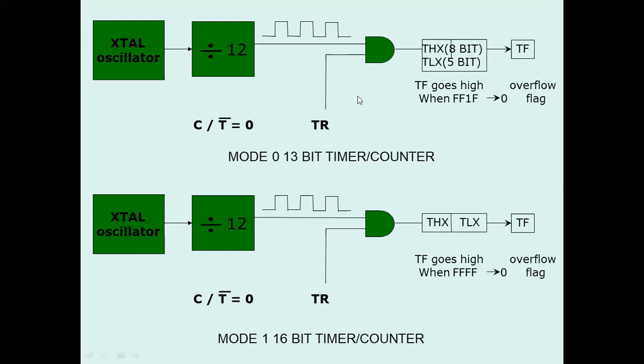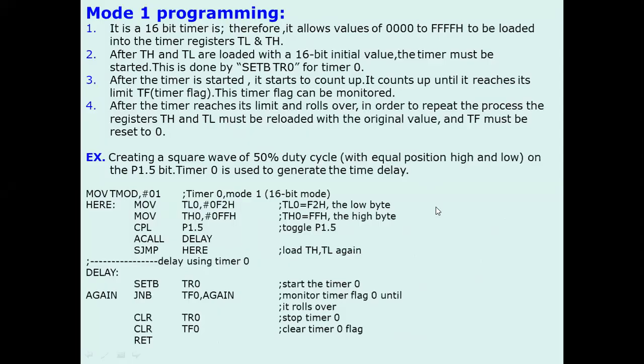We have already discussed the 13-bit timer mode and 16-bit timer mode. This 13-bit timer mode is mode 0, and 16-bit timer mode is mode 1. If we move forward, we'll see that this program has already been discussed.